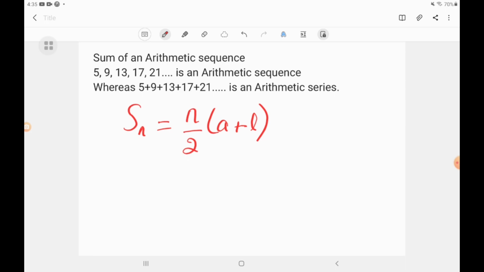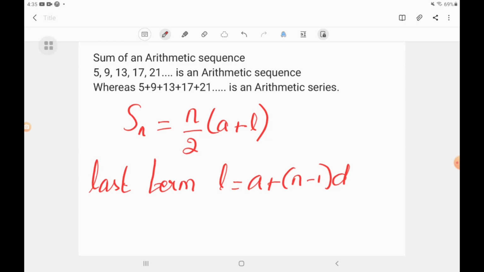We know that the nth term of an arithmetic sequence is given by Tn is equal to a plus (n minus 1) times d. So for the sum of n terms, L is the last term, that is Tn is equal to L. So the last term L is equal to a plus (n minus 1) times d.